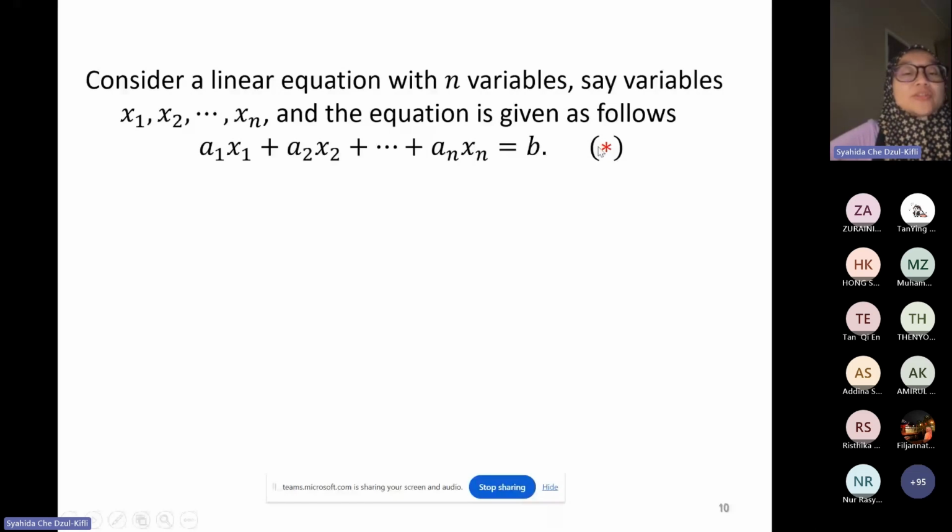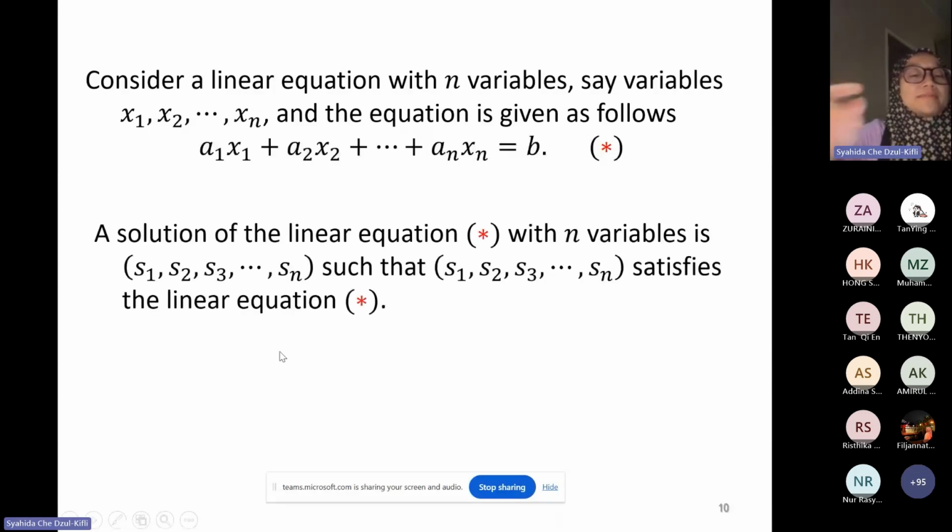This is the general form of a linear equation with n variables. Since it has n variables, the solution of the star equation must be an n tuple.